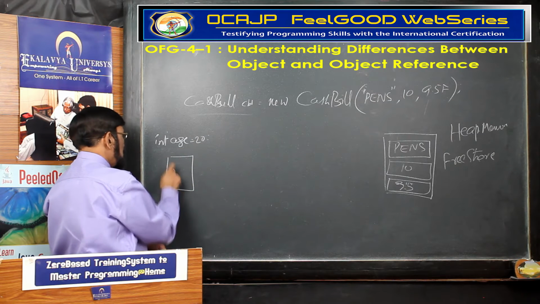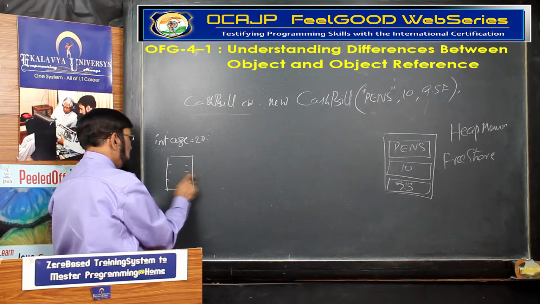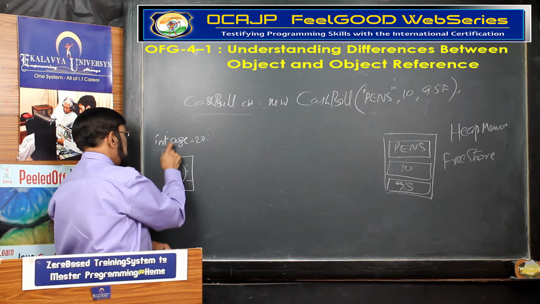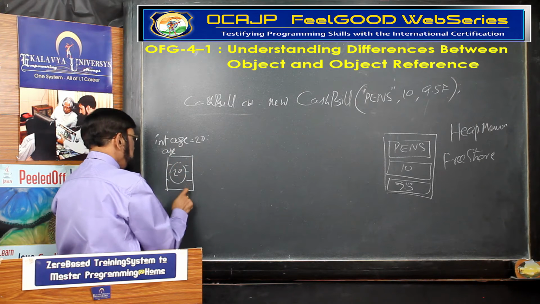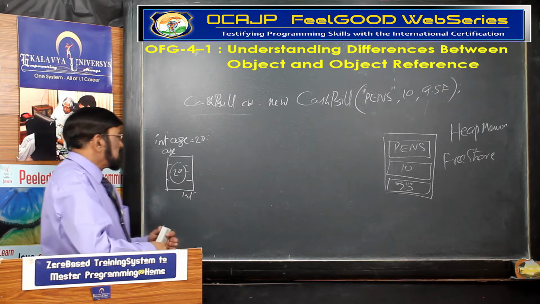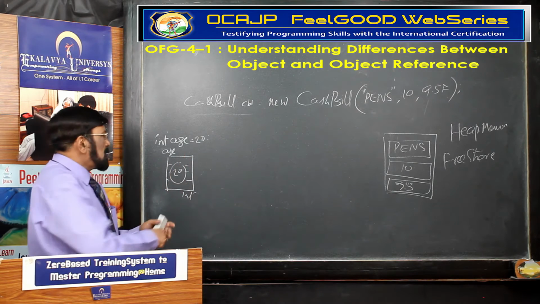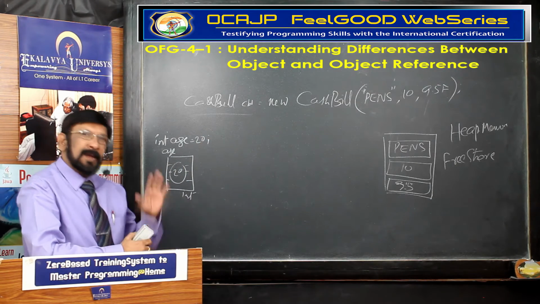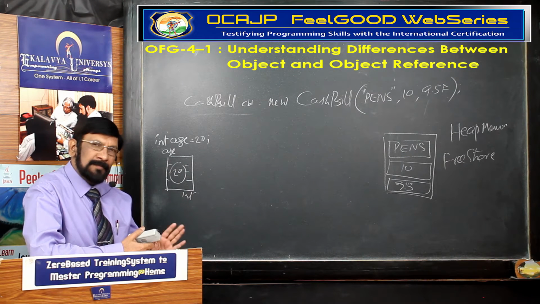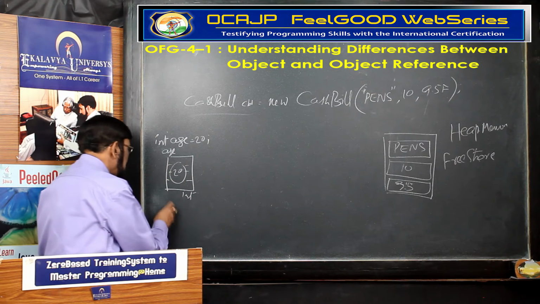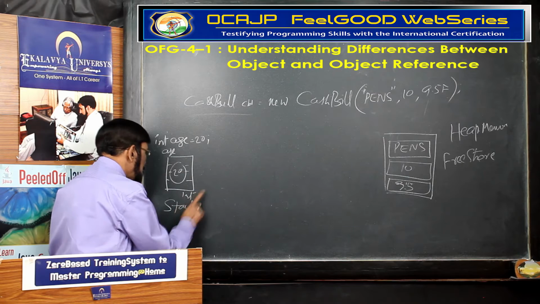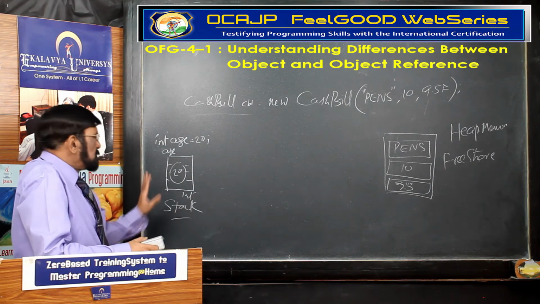One memory location, size aspect, don't bother. One memory location is created, and it is very simple. Actually, this is created at compile time. So this is created on stack memory.